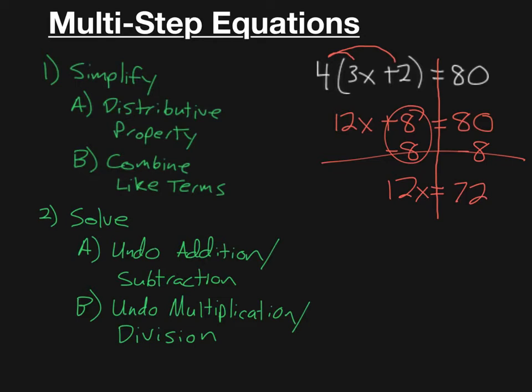And now I need to undo the multiplication. That's 12 times x. I'm going to divide by 12. So I get x equals 72 divided by 12 gives us 6. X equals 6.